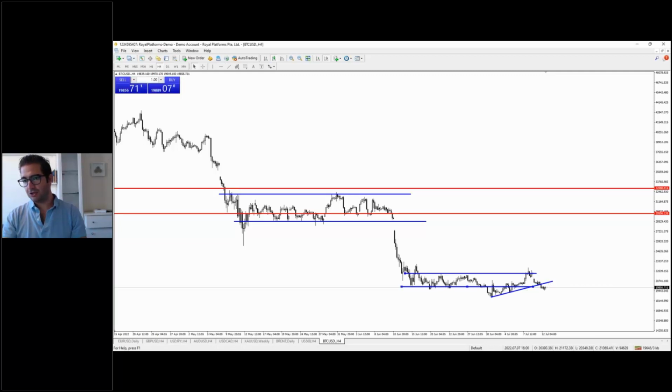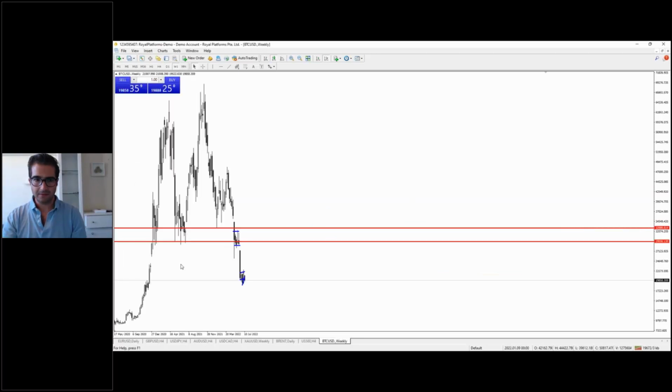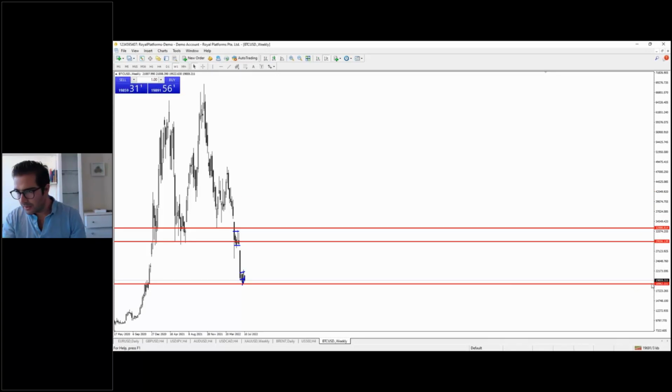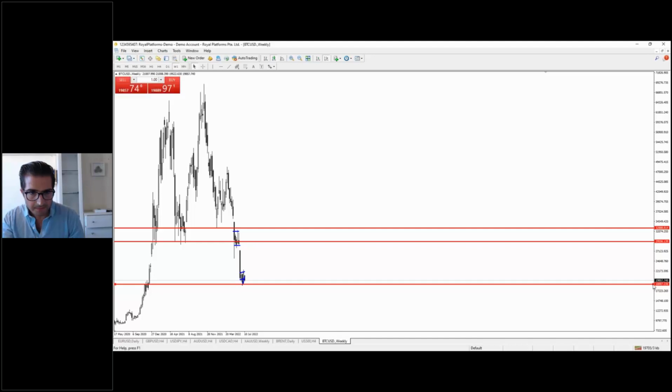So if the market managed to break the lower end of this channel here, I could see the BTC USD moving to the downside to test maybe this area here, the 18,900. Let me be more accurate. Yeah.